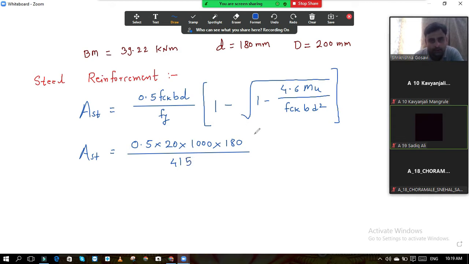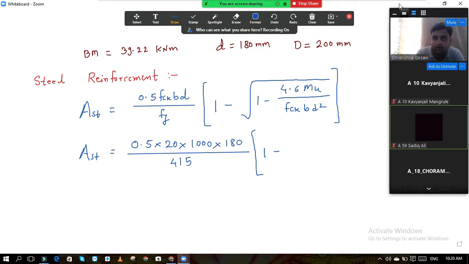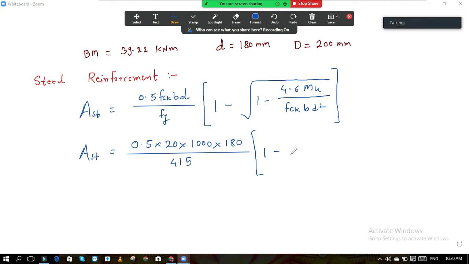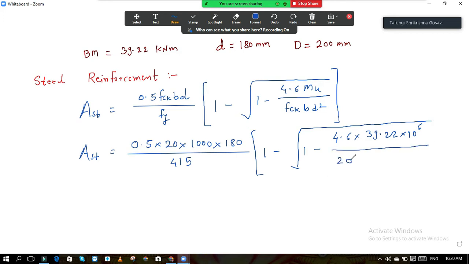Now in bracket you have to put all these values: 1 minus square root of 1 minus 4.6, Mu is 39.22 kilonewton meter, so multiplied by 10 raised to 6, so you will get it in newton mm. Ensure all the units are the same. So fck, b is 1000 and d is again 180 square. So now solve this and let me know the answer.